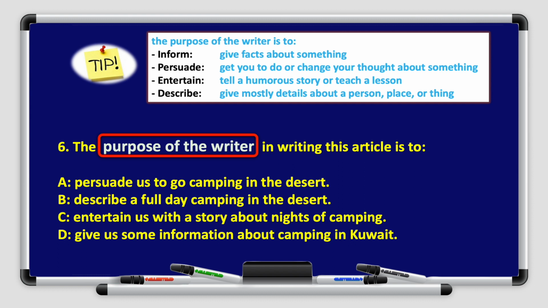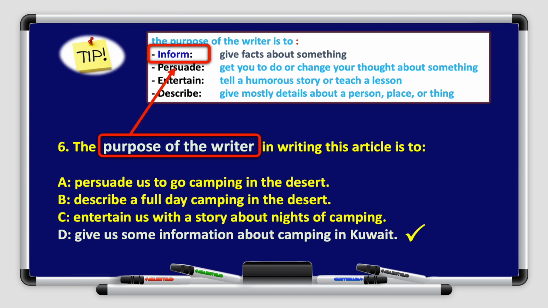And lastly, if he is giving mostly details about a person or a place or a thing, he is describing. So, since the text involved a lot of information and giving facts about camping, the purpose of the writer is D. Give us some information about camping in Kuwait.